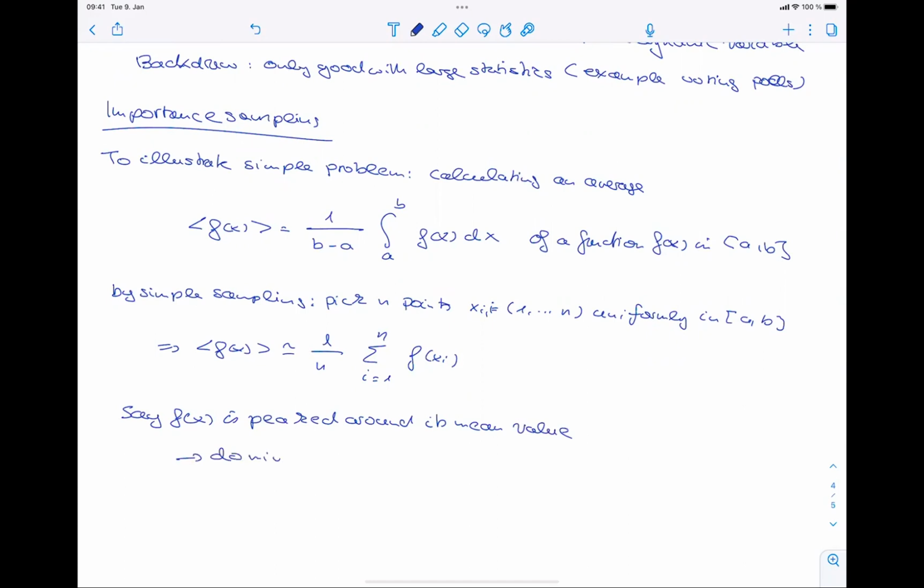The dominant contribution is close to the peak, and the tails don't contribute significantly.